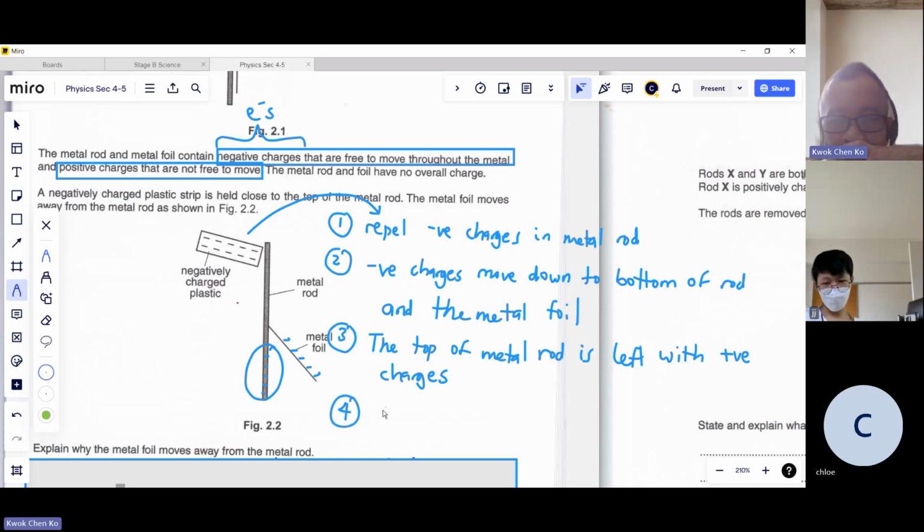Now, last part, you again use the word repulsion. All right, but in this case, let's be very clear.